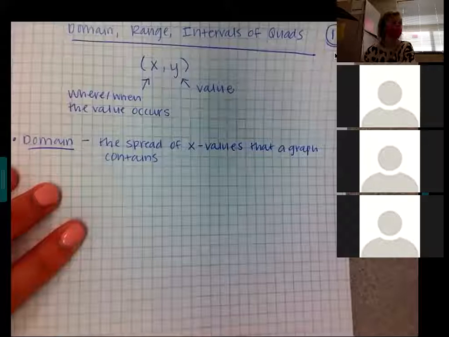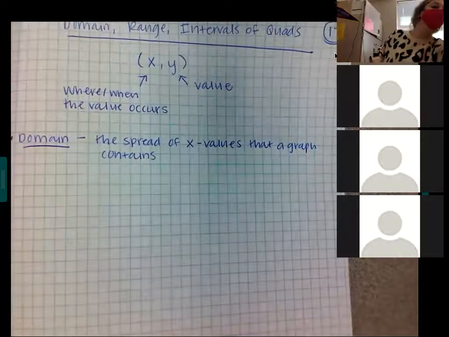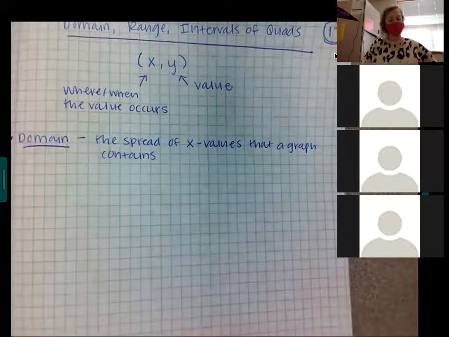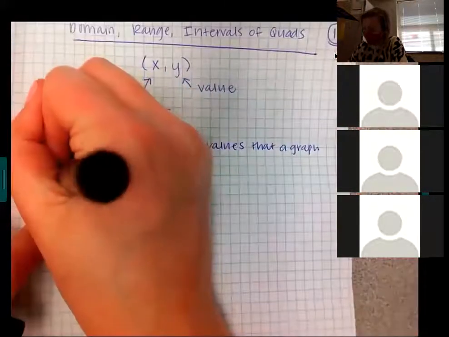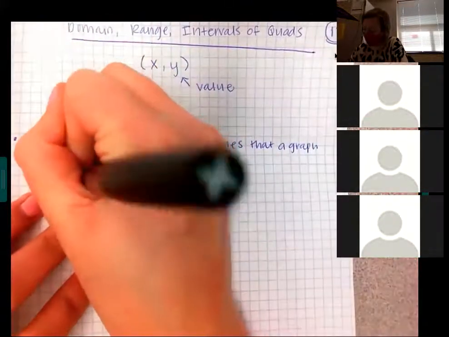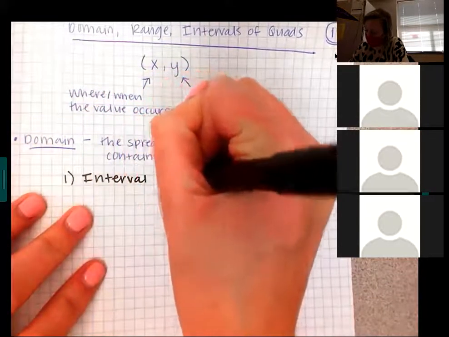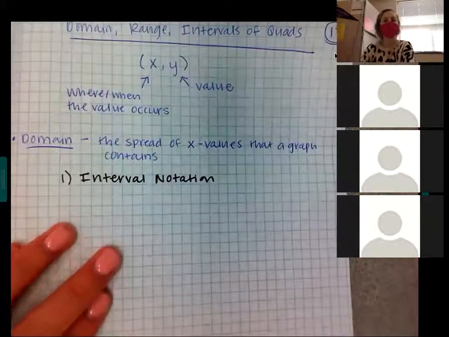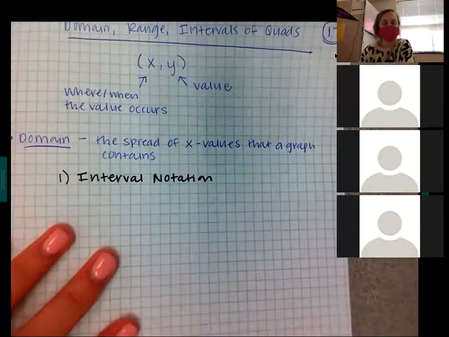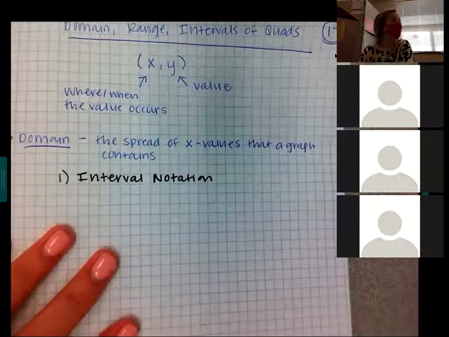All right, there's a couple of different ways y'all could see domain and range. I'm going to tell you both. So we'll just do, I don't want to do an example yet, but I do want to talk to y'all about the two different ways you could see it. So the first way they can list domain or range is in interval notation. So we do need to talk about interval notation. So interval notation uses grouping symbols. What are some examples of grouping symbols?